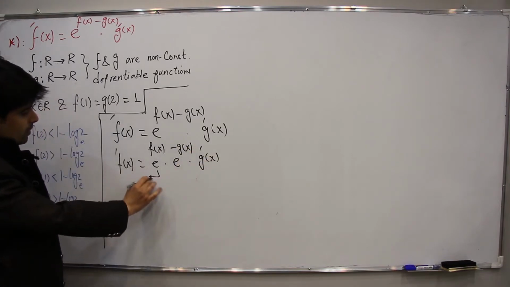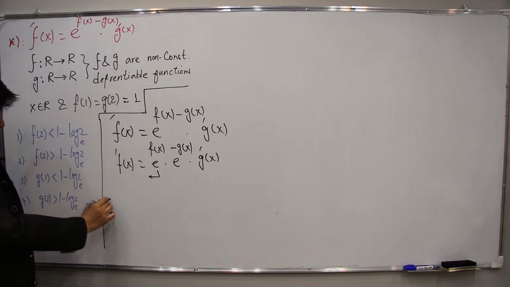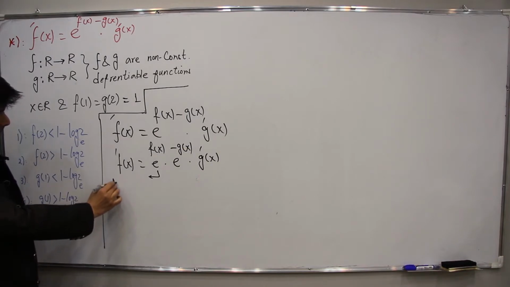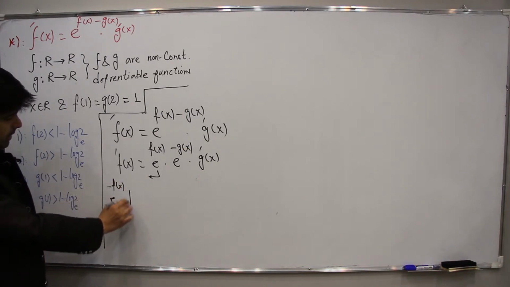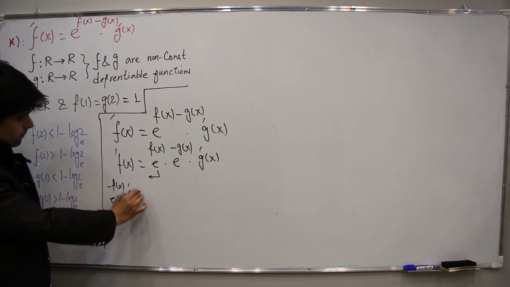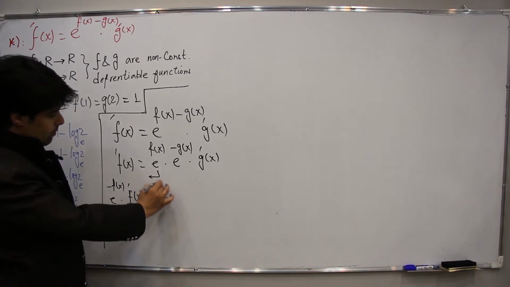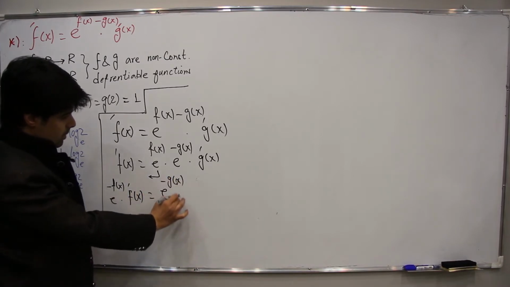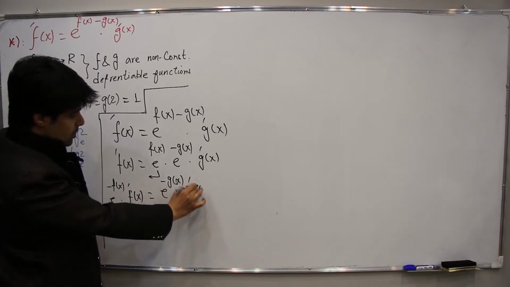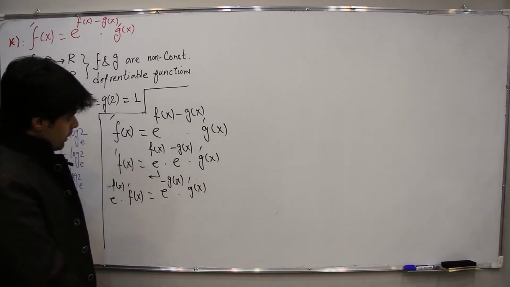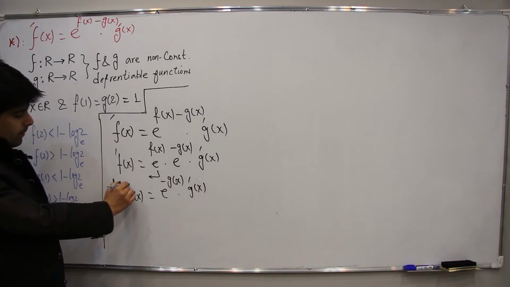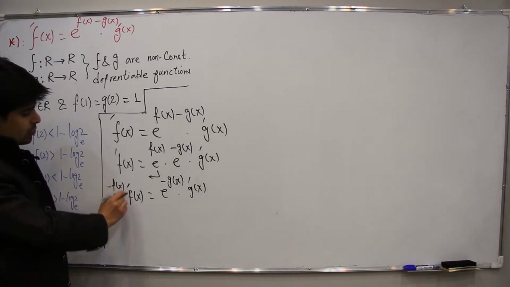I will bring this part to the left side. So e^(-f(x)) times f'(x) = e^(-g(x)) times g'(x). Now, how should I remove this differentiation?